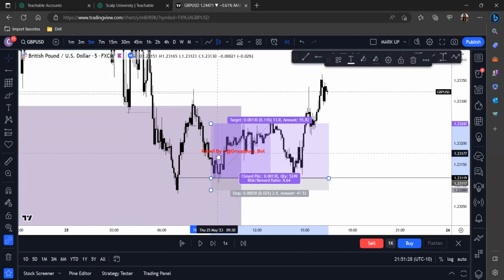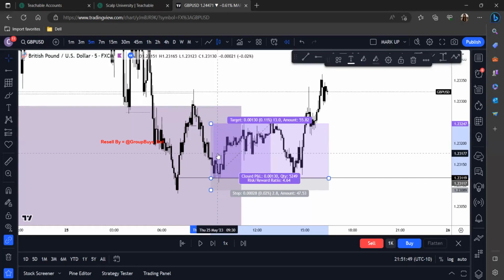This is just the way that I like to trade and the way that I like to perceive the market, and it works for me. And it can work for you too, but please don't ignore other things you need to have in order to make this strategy successful for yourself.